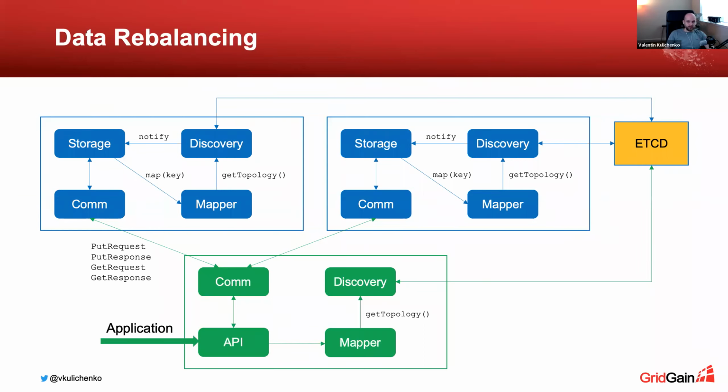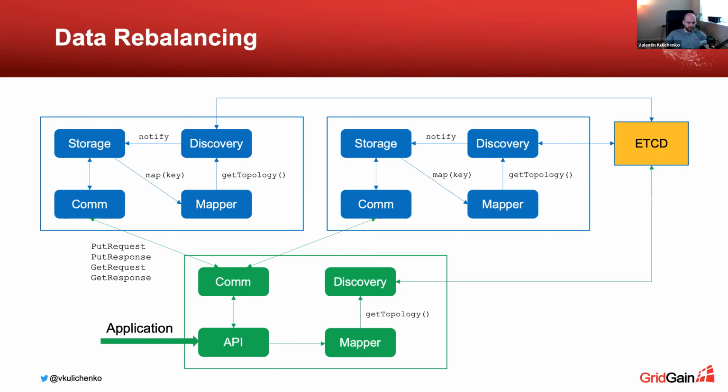The storage then, when it finds out that there was a topology change, will go through the data that the storage has, basically go through all the keys, and for every key, ask the mapper where this key should be stored.